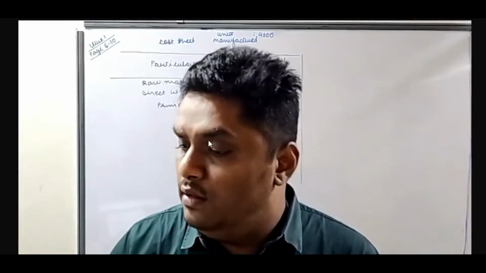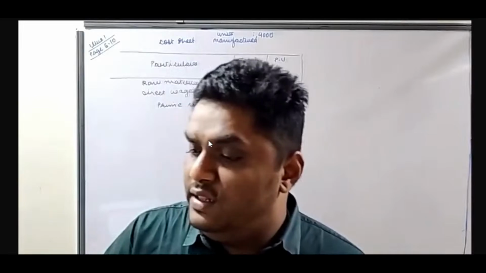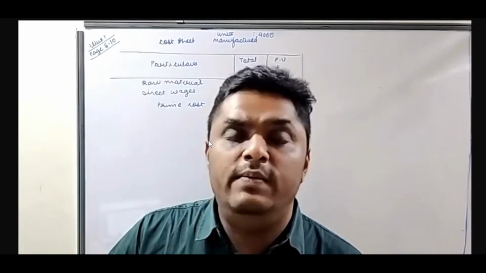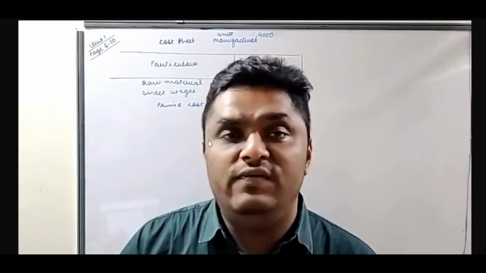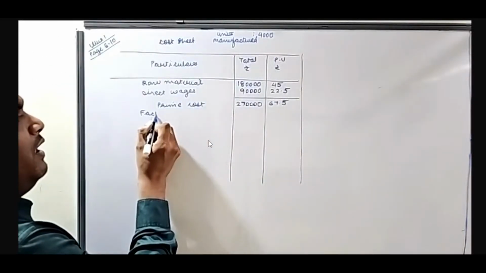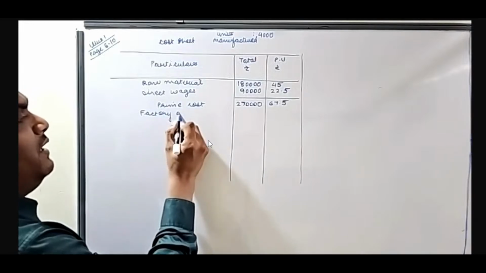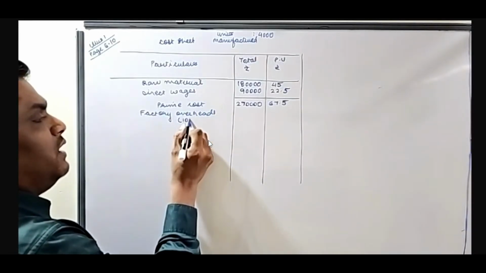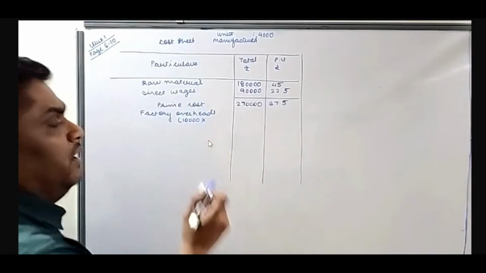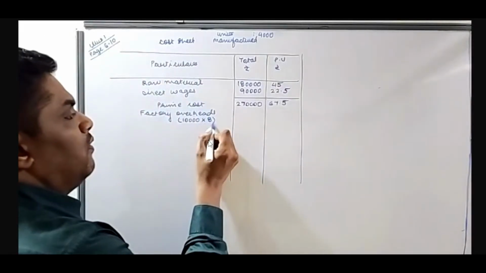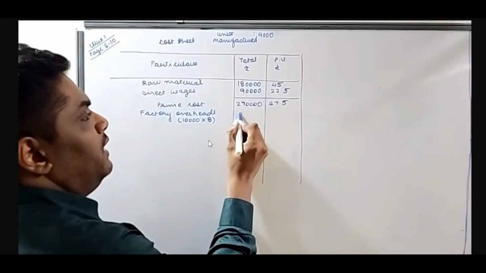Now herein, it is given that the machine hour worked is 10,000 and the machine hour rate is 8. It means they are talking about the overheads, that is factory overheads. So if we add factory overheads, that is 10,000 hours into the rate of 8 per hour, this will be 80,000.